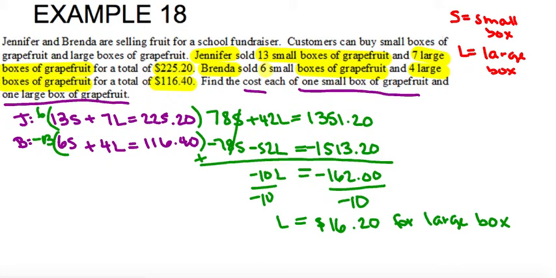Okay, I have to figure out the cost of the small box, so I'm plugging the $16.20 into one of the two other equations. I'm going to do it to the bottom. So I have 6S plus 4 times 16.20 equals 116.40. 4 times 16.20 is 64.80.